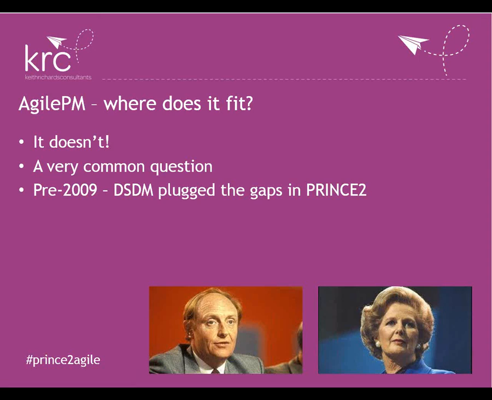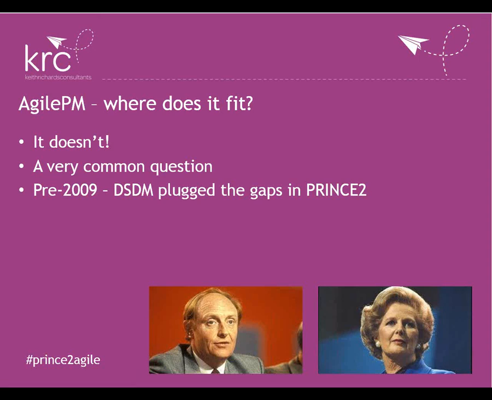DSDM plugged the gaps that were in PRINCE2 pre-2009 with respect to working in an Agile way. So, for example, the idea of prioritization was not in PRINCE2 pre-2009. Neither was the idea of what I would call scope tolerance, and there wasn't really any sort of techniques in there.